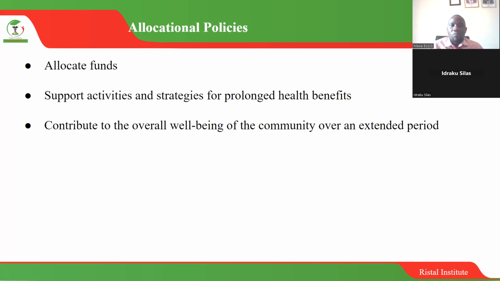So if you have the government policies shifting to allocating more than 15% of the national budget to health, then that is a policy which we can call allocational policy. Also, allocational policies can relate to allocating funds to interventions for, let us say, marginalized populations or vulnerable populations.